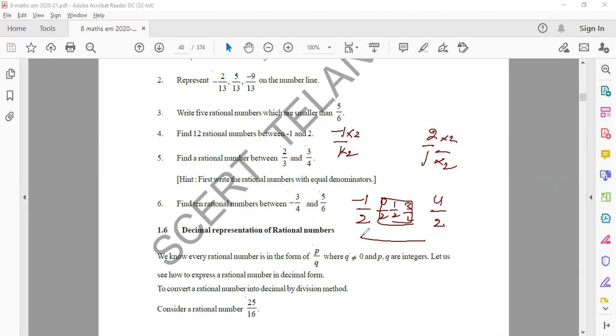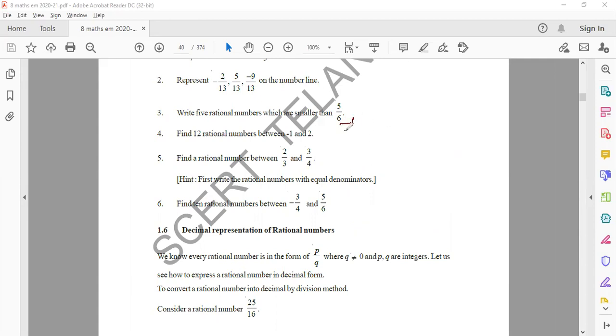So 2 is not sufficient. For this, what do you have to do? You can multiply with one more, with 3 now.